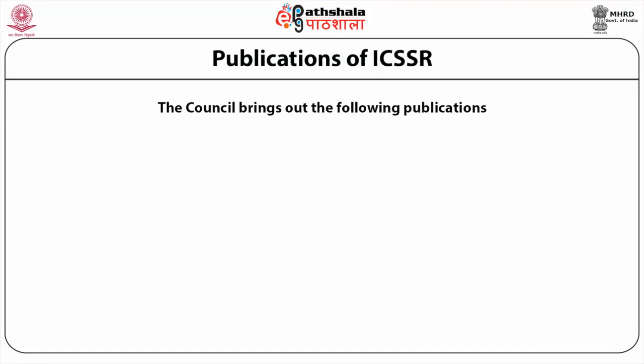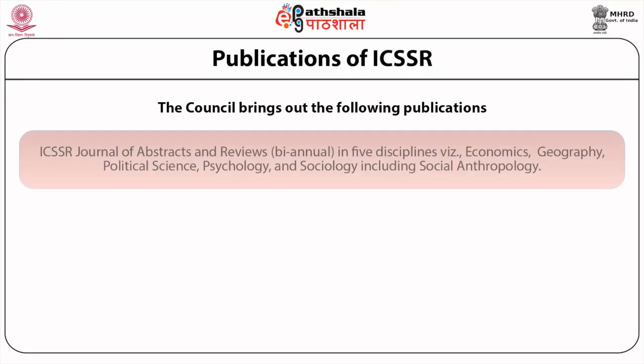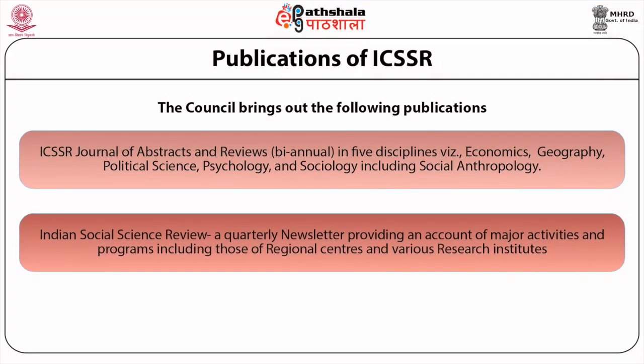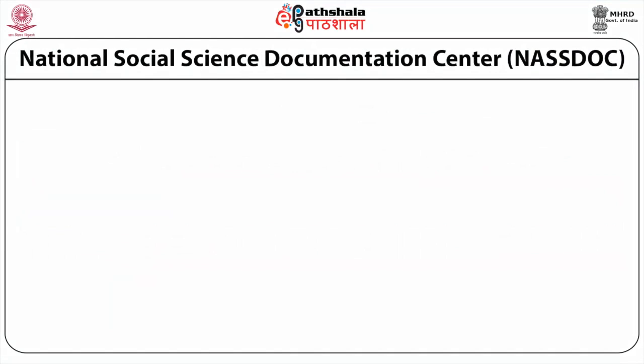The Council brings out the following publications: the ICSSR Journal of Abstracts and Reviews, which is biannual, in 5 disciplines: economics, geography, political science, psychology, and sociology, including social anthropology. And the Indian Social Science Review, a quarterly newsletter providing an account of major activities and programs, including those of regional centers and various research institutes.